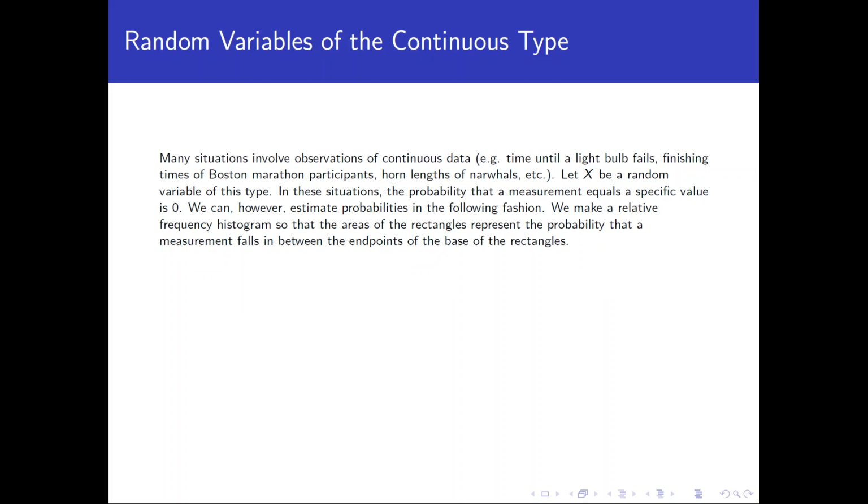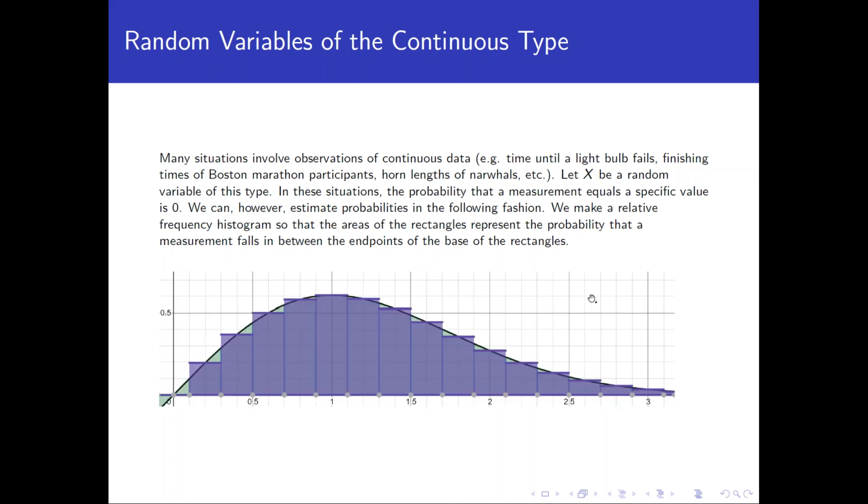So first we're going to make a relative frequency histogram. What we mean by that is the areas of the rectangles are going to represent the probability that we fall between two endpoints. So here's an example. What this means is that, say here, if we fall between 0.9 and 1.1, something that falls in that range, we're going to estimate by being about 0.6 here.